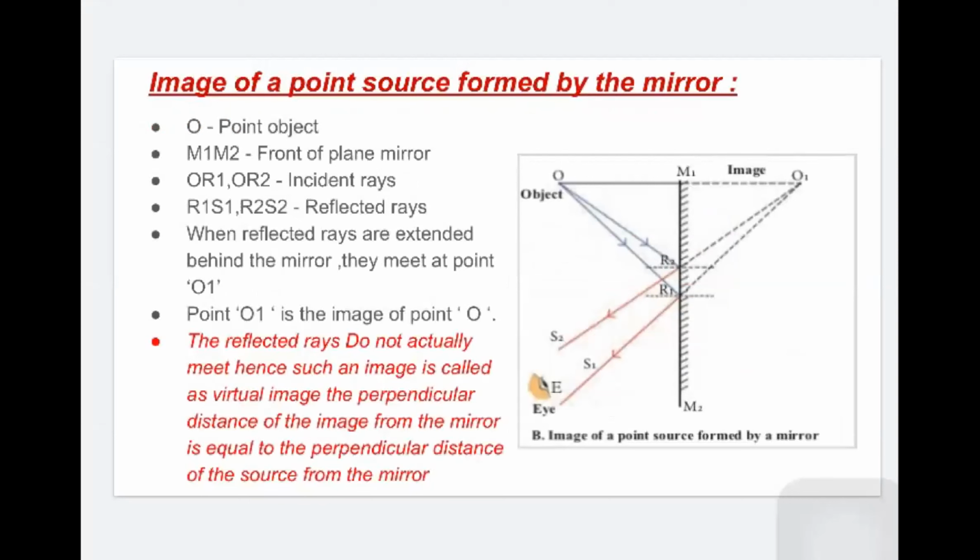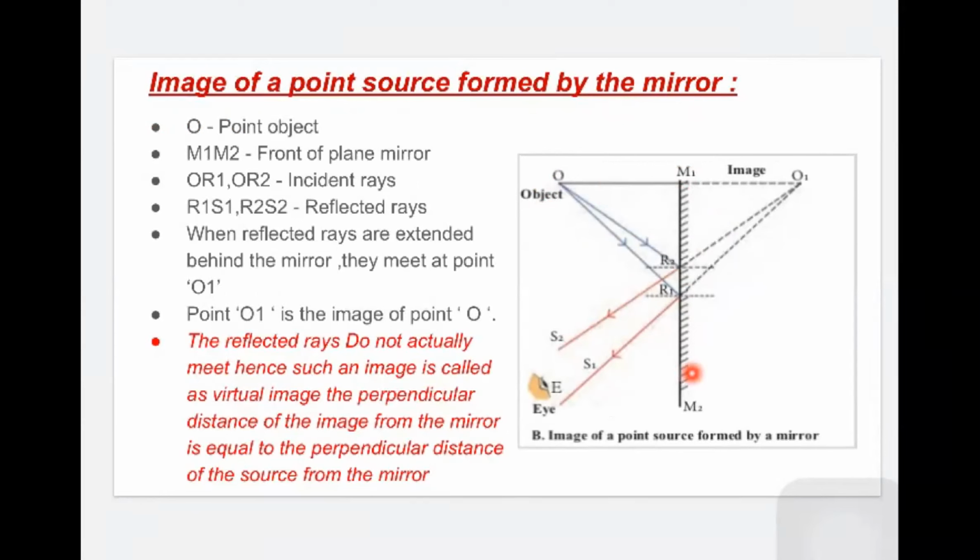Now, what if the object is a point source? By point source, I mean, for example, a torch or a laser beam. Suppose there is a laser beam which I place at point O. We have a plane mirror N1, N2.